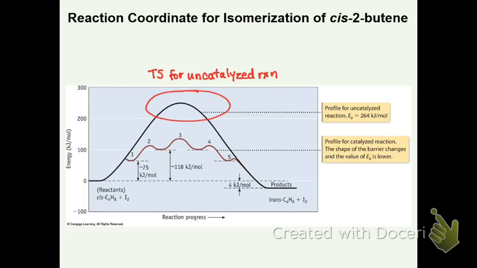So this first step, to form intermediate 1, has the highest activation energy because the activation energy would be this energy shown here. And so that step is the rate determining step. All of the other steps are easier than that because they all involve activation energies that are lower, and so they all occur much faster.